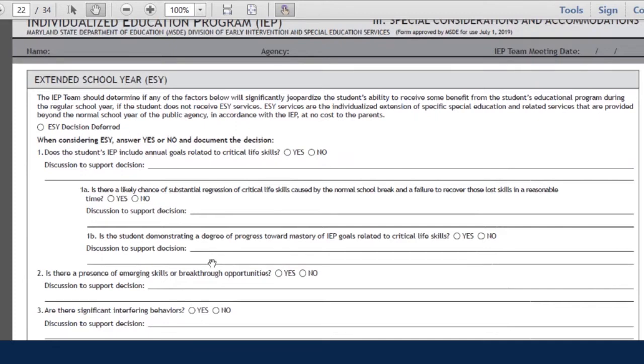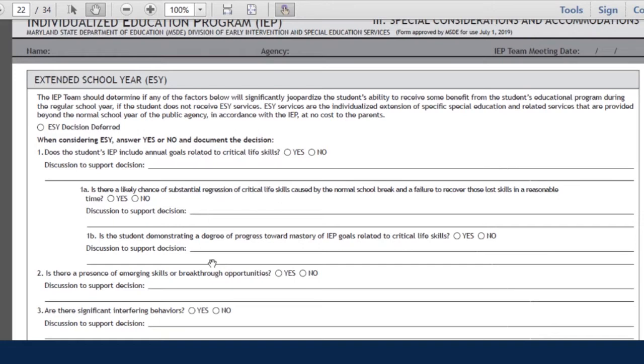Extended school year needs to be decided usually in mid-spring, and I believe it's around early April that the schools need to have a decision if the child is eligible for ESY. So for ESY, there is a series of questions that need to be asked to determine if the child is eligible.